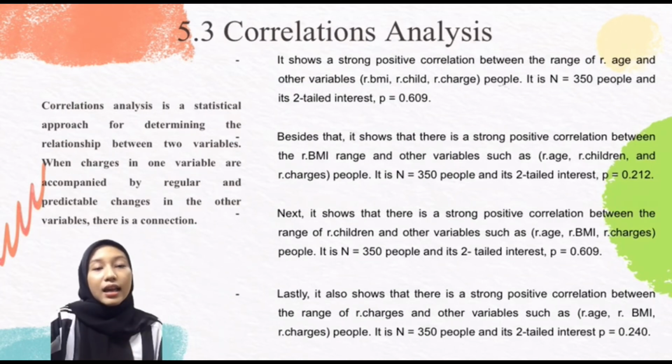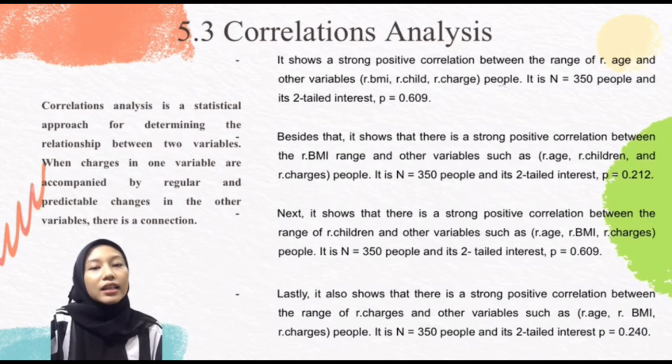0.212. Next, it shows that there is a strong positive correlation between children and other variables such as age, BMI, and charges. It is N 350 people and its total P 0.609.